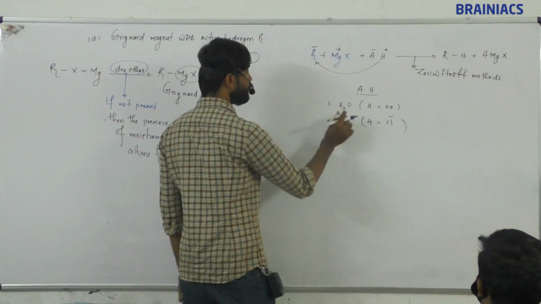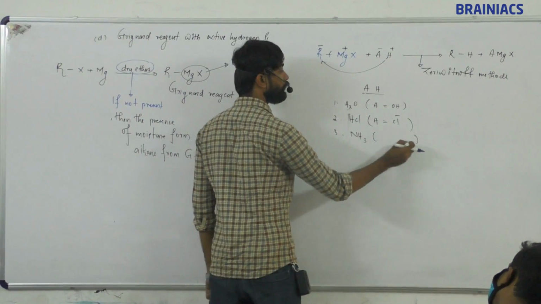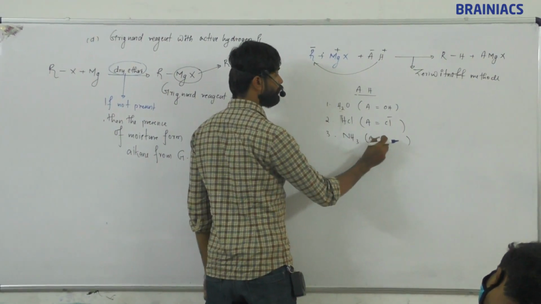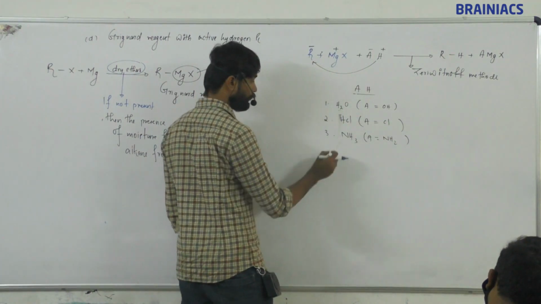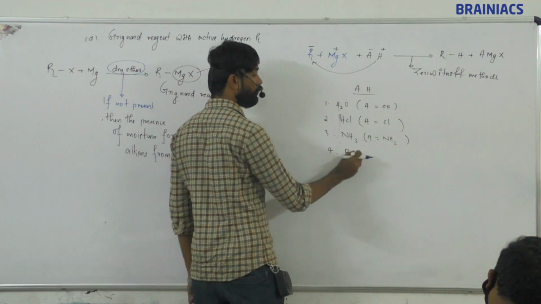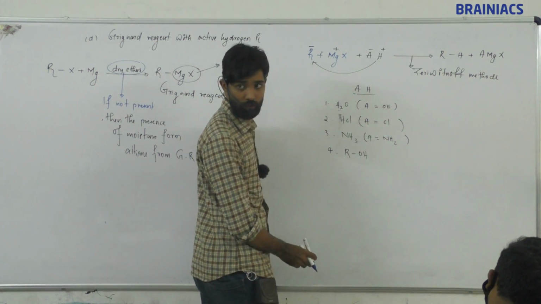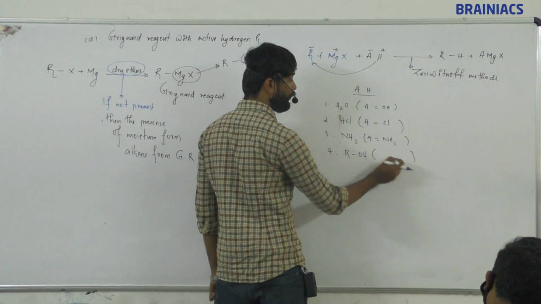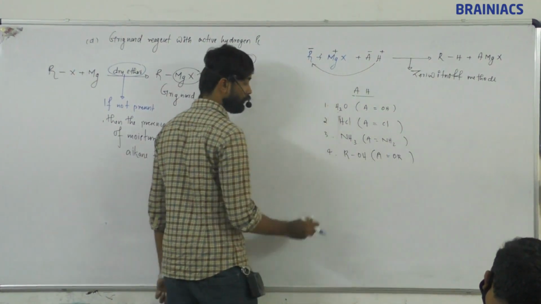Don't forget it, okay? So number 3, it may be NH3. Then A will be NH2 minus. Or it may be any alcohol, ROH, CH3OH, CH3CH2OH like that. What about A? OR, alkoxy group, right?